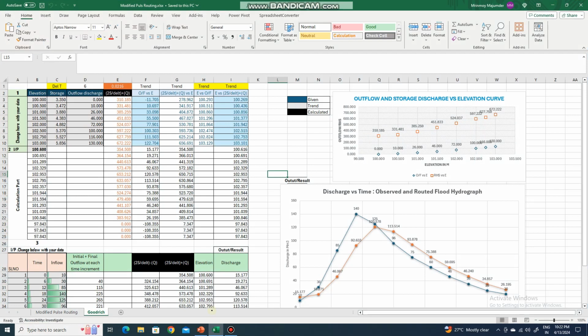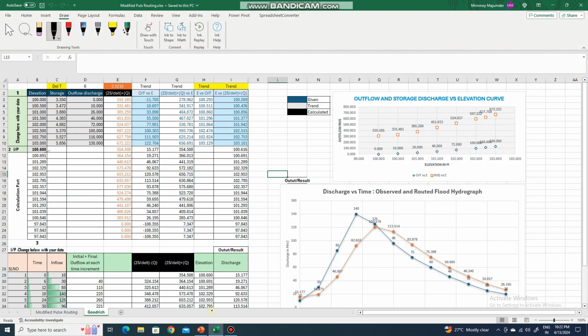Let me show you the Excel. I have already discussed the Goodrich method. So you see in this Excel, if you put the elevation data here, you will get the corresponding 2S by del T plus Q data here, and also you will get a new Q here.